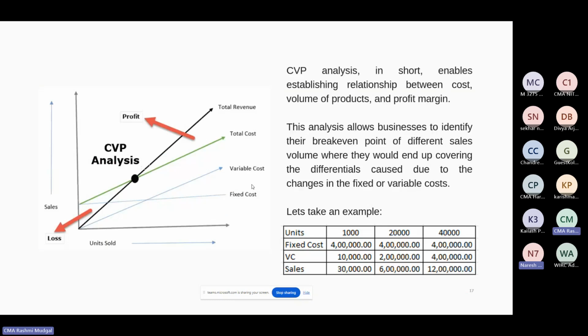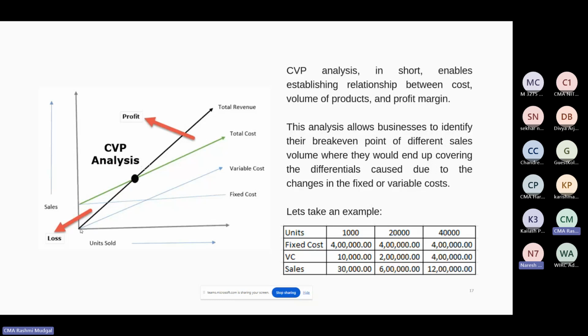If I go to the CVP analysis, there is a pictorial form which we will also create in Excel. It makes a relationship. How? In the picture you can see my fixed cost will remain the same at every number of units of sale. If I'm selling one unit, I need to pay the rent of one month.